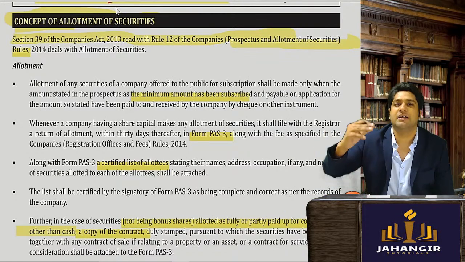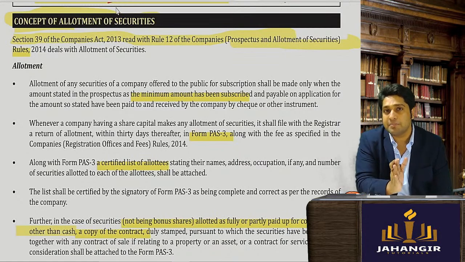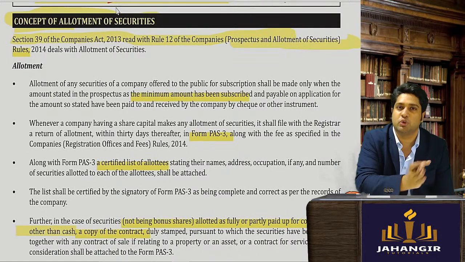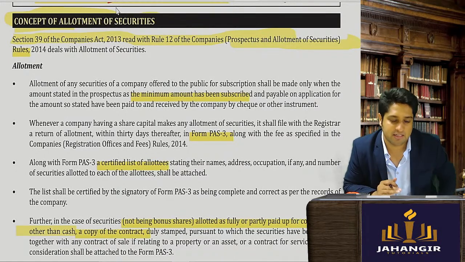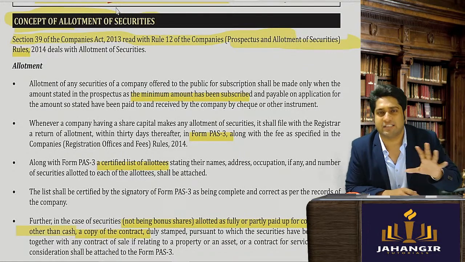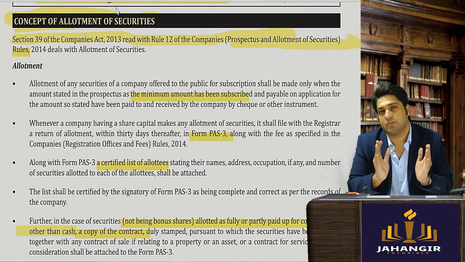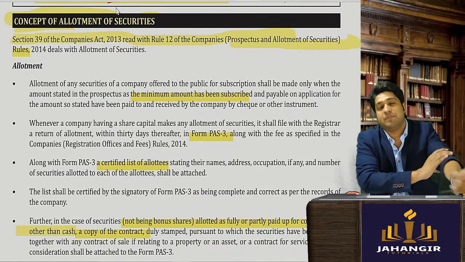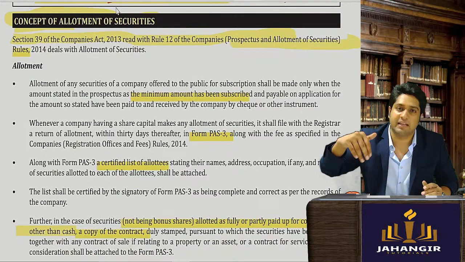For example, if I make an issue of 100 shares to the public, minimum 90 shares should be subscribed. If 90 shares are not subscribed, it will be treated as an undersubscribed issue and the money has to be refunded.